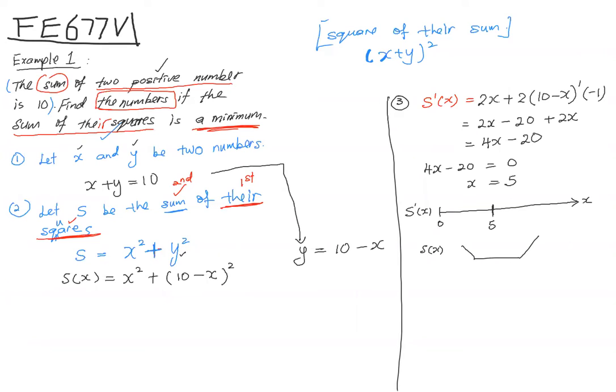Can you tell me what is the sign from 0 to 5 for S prime x? No need to insert your calculator. Is it positive? How can it be positive if the question asks for minimum? So 0 to 5 is negative.